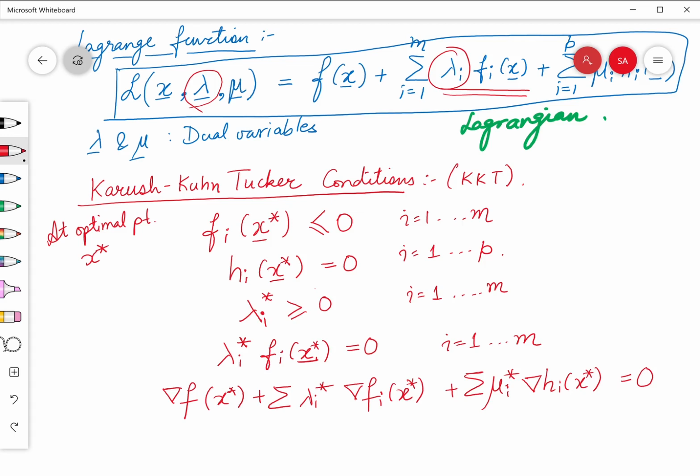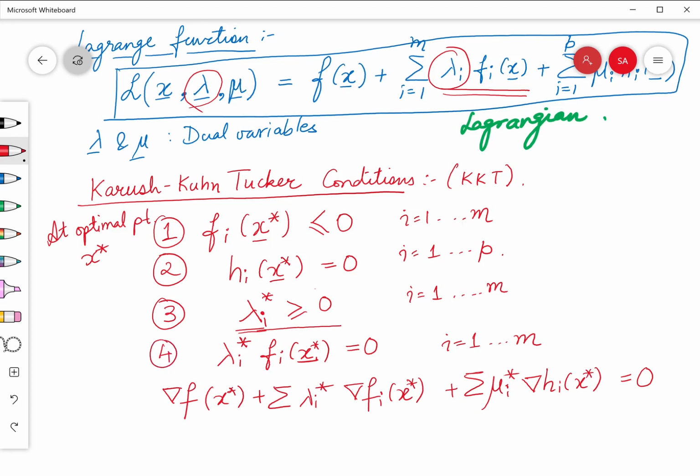So these are the 5 KKT conditions. The first two are the constraint conditions. The third says the Lagrange dual variables associated with the inequality constraints should be greater than or equal to 0.